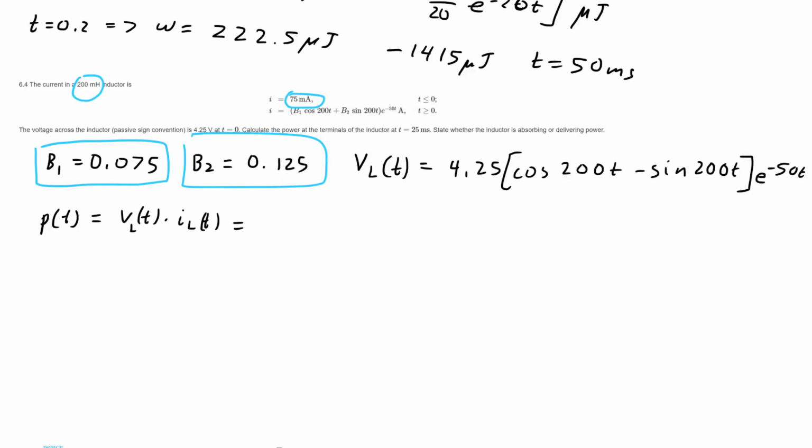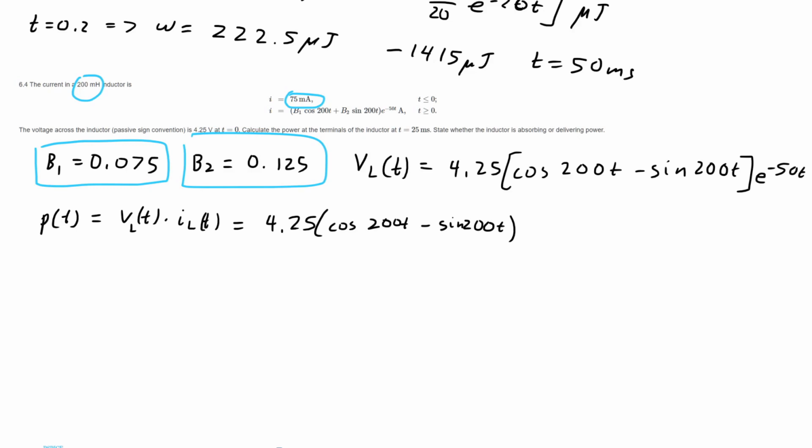You get an expression that should look something like this. It's kind of long. 4.25 cosine 200t minus sine 200t, not 20t, 200t.